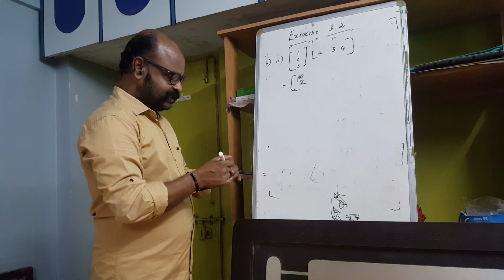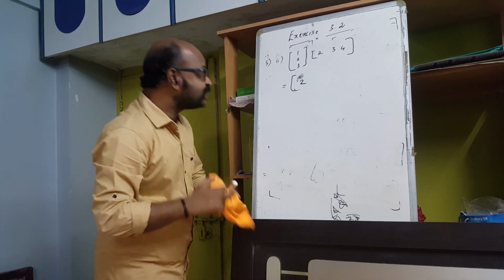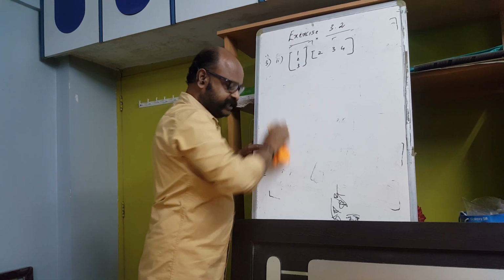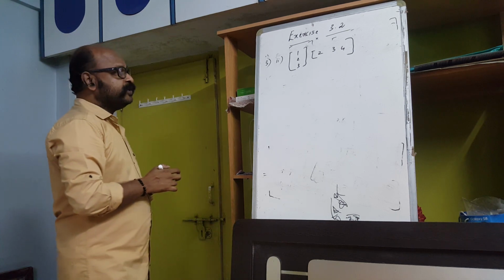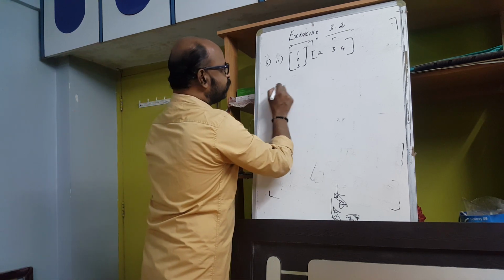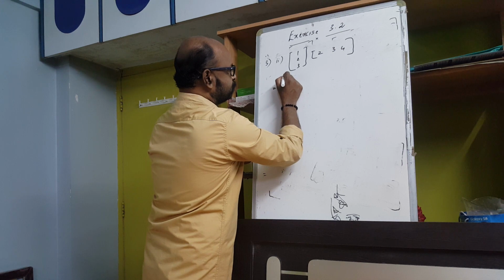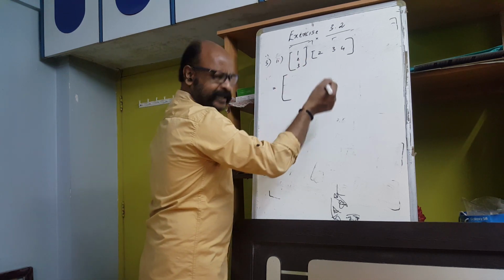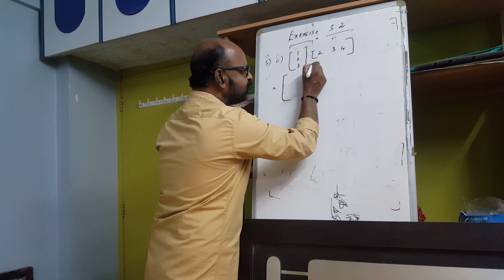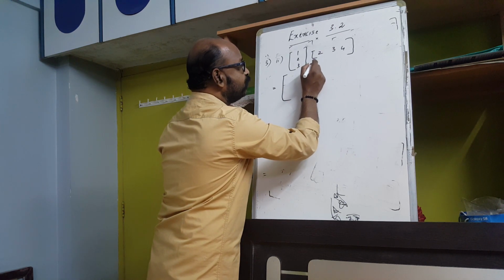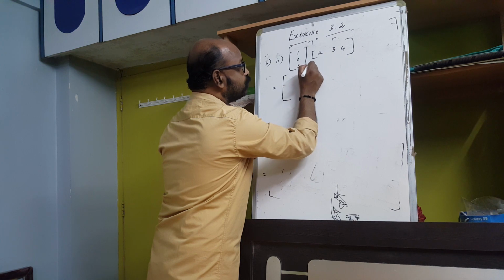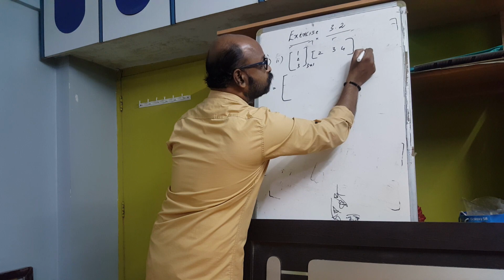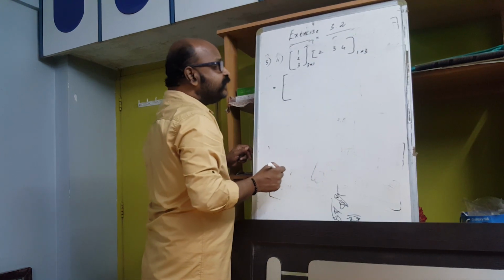Though the two matrices are very simple, while writing the product AB we should be very careful. So we are obtaining the product. To make it very clear, this is a matrix of 3 rows, 1 column, and here 1 row, 3 columns.